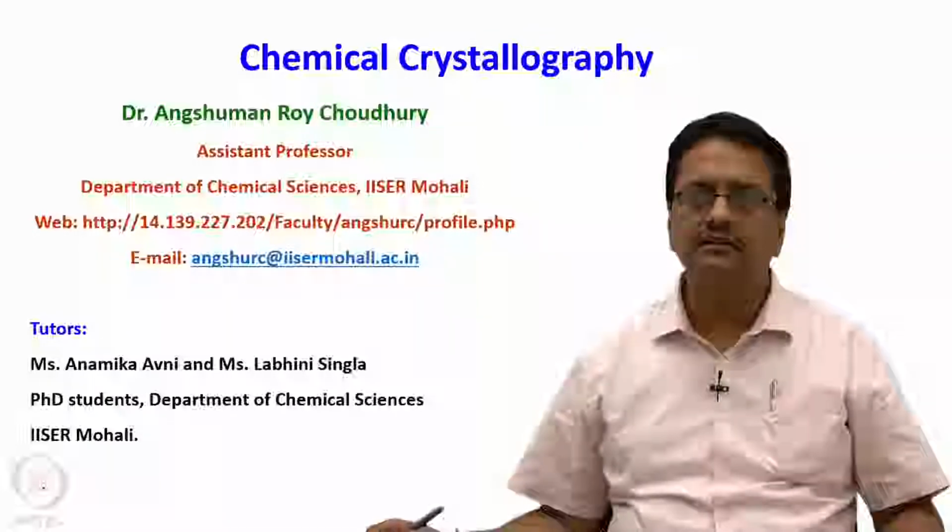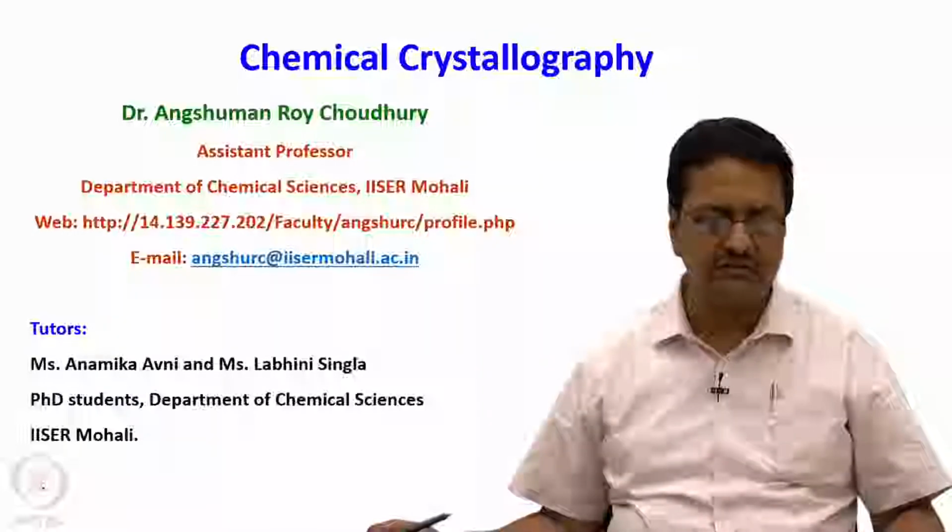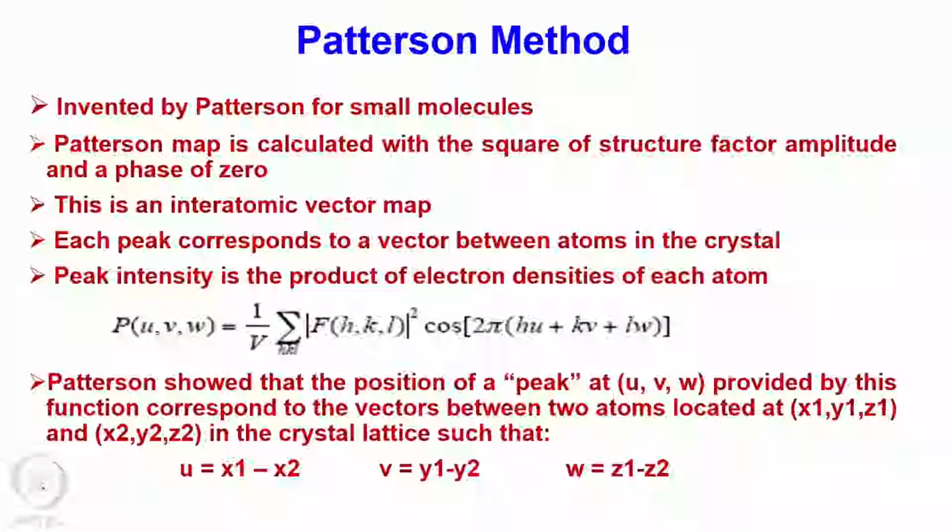The other method of structure solution was introduced by Patterson, and this is based on the presence of a heavy atom in the lattice. So, this Patterson map is calculated with the square of structure factor amplitudes and a phase of 0.